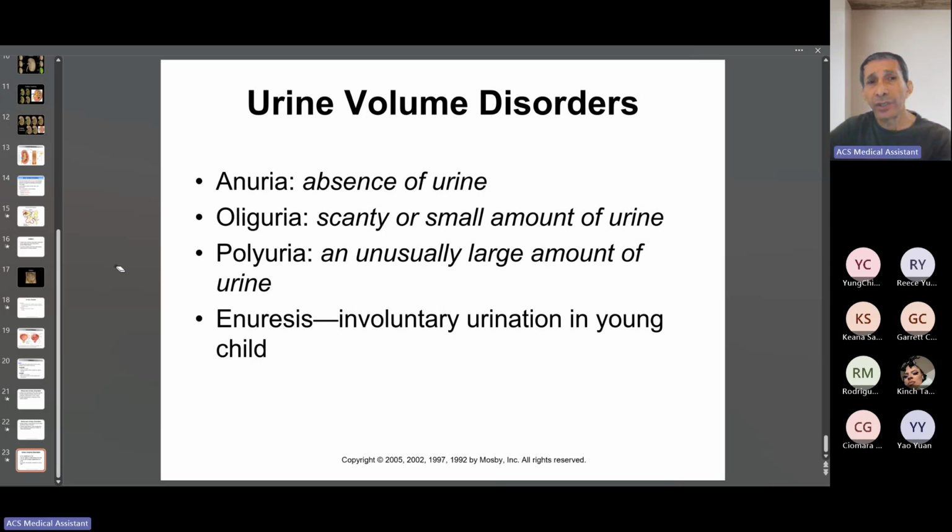We have something else with the urine. I don't know why the slide's not here for some reason. Remember, I was talking about incontinence. Remember, incontinence is also an involuntary loss of urine. It's not enuresis. That's for the little kids. Incontinence is for adults.